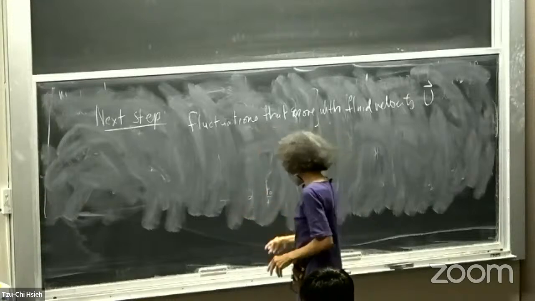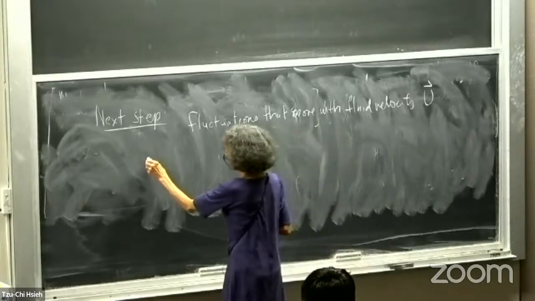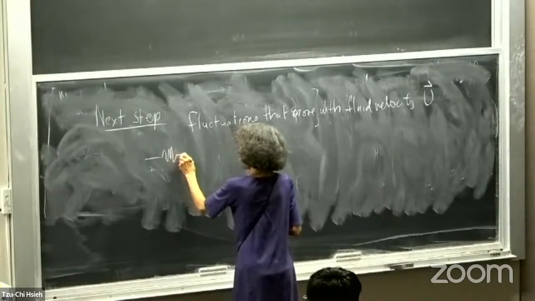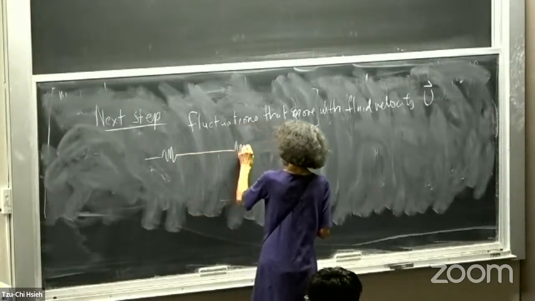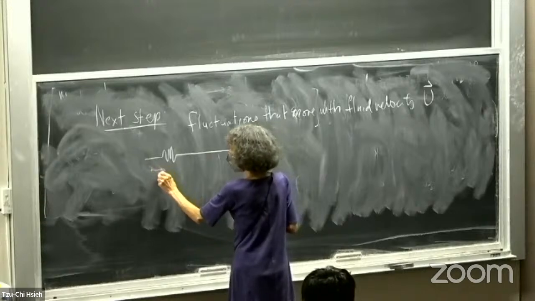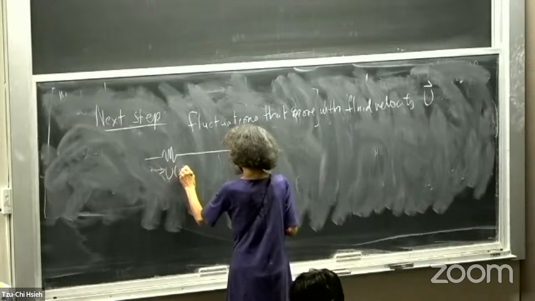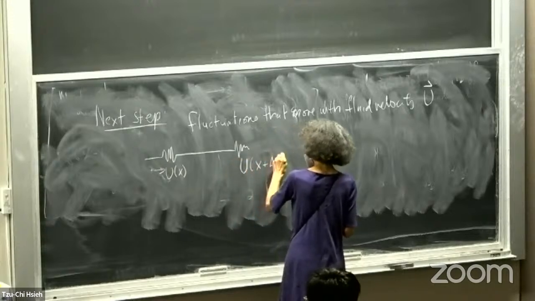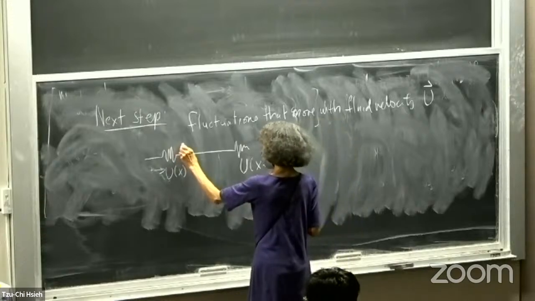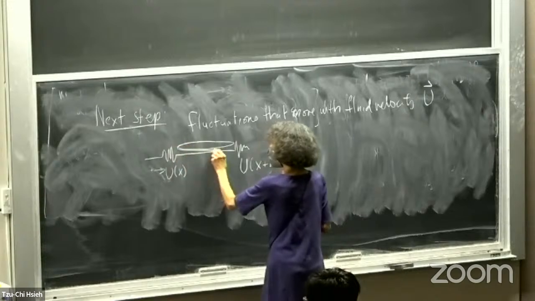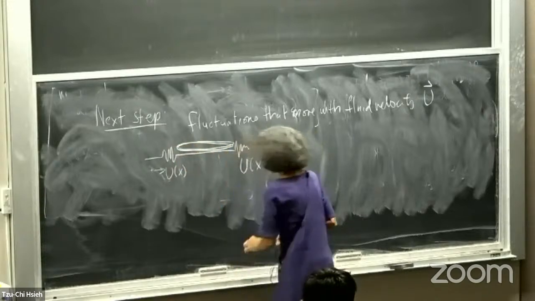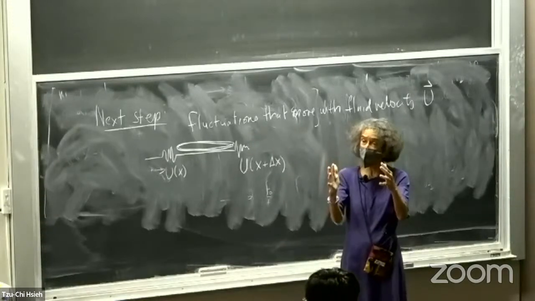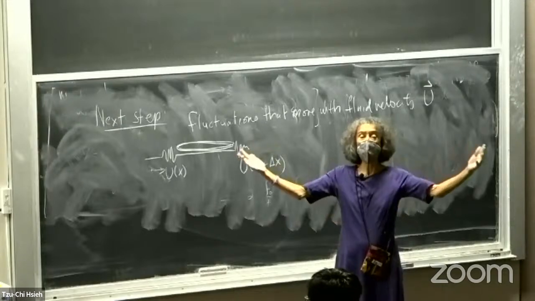Okay, good. So the situation that we'll be considering is, here's our field line, here's some fluctuation, then we move some distance, here's another fluctuation, and if this fluctuation is moving with some speed u of x, and this fluctuation is moving with some speed of u of x plus delta x, and we have a particle, just for simplicity, imagine it bouncing back and forth between these fluctuations, it will either be gaining energy if the fluctuations are moving together, because u of x plus delta x is less than u of x, or losing energy if they're moving apart.